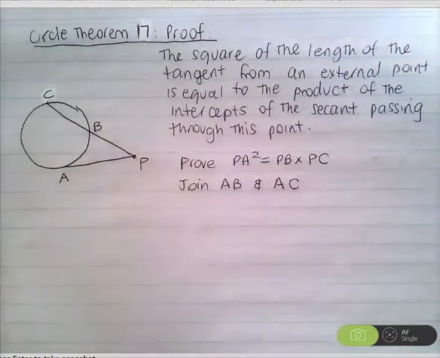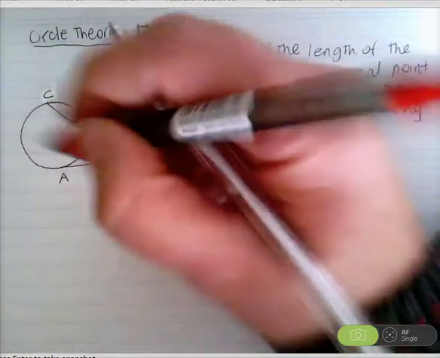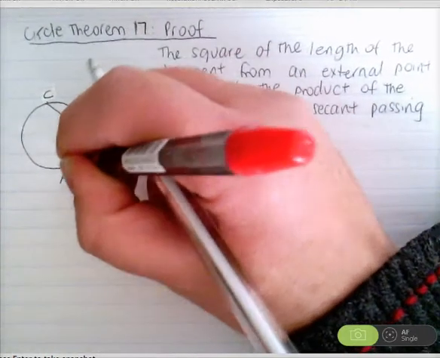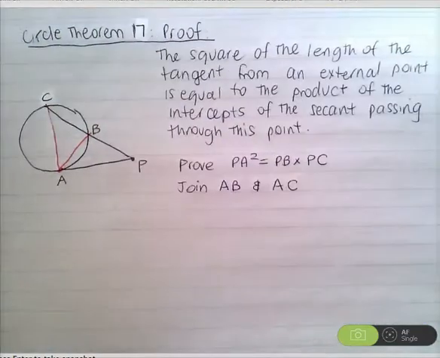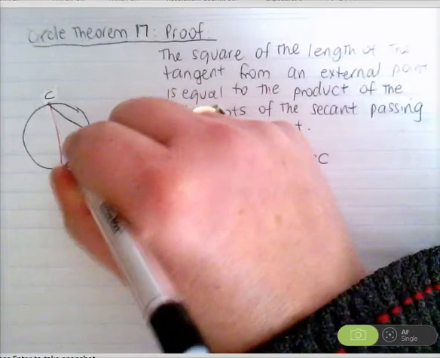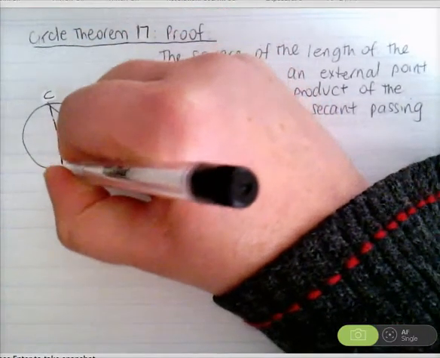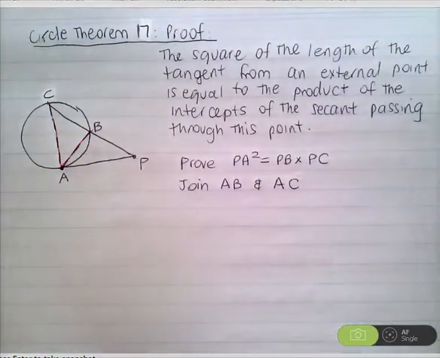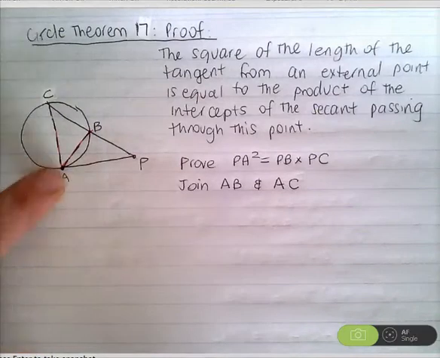Okay, now to prove this theorem, we are going to join AB and AC. We know that PA is a tangent, so we just need to remember that.